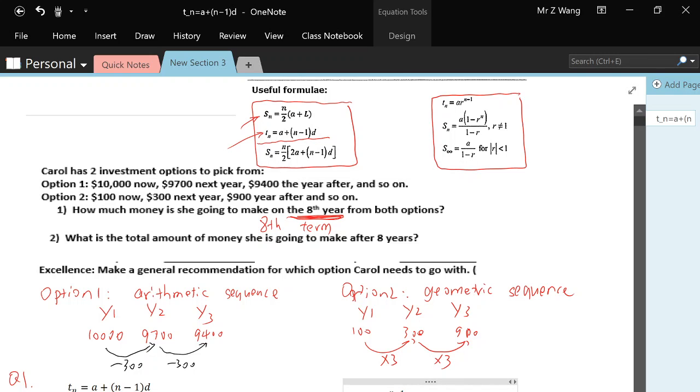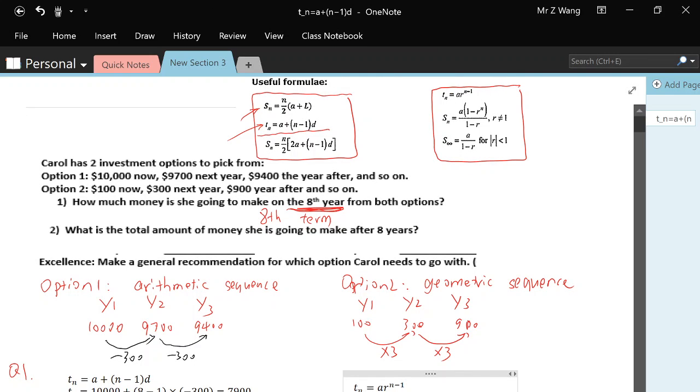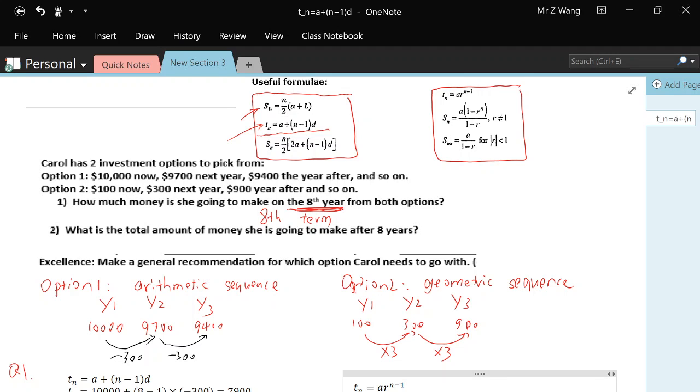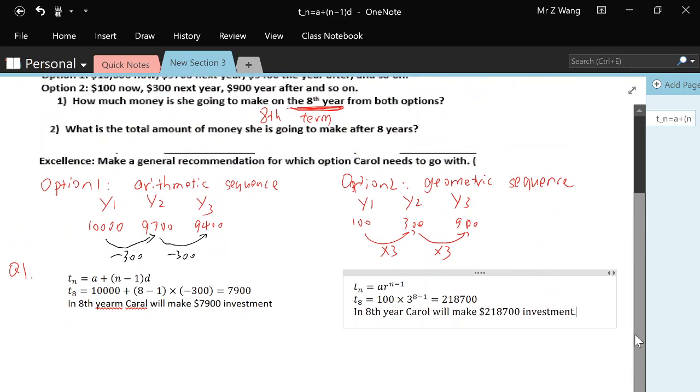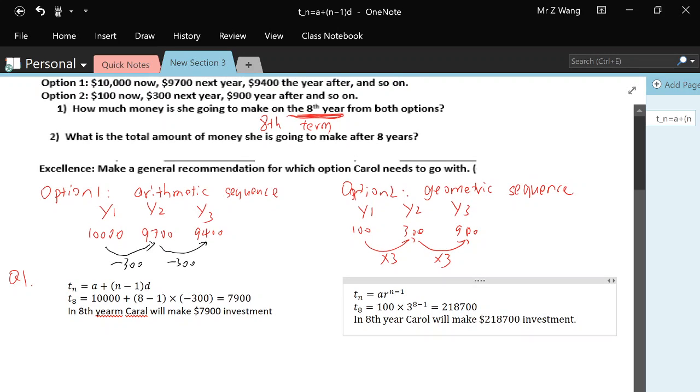So this means in the 8th year, Carol will make a $218,700 investment. Up to here, you get achieved? Well, no. You only figured out the term. You also need to apply the sum formula, so you have to finish question 2 as well.